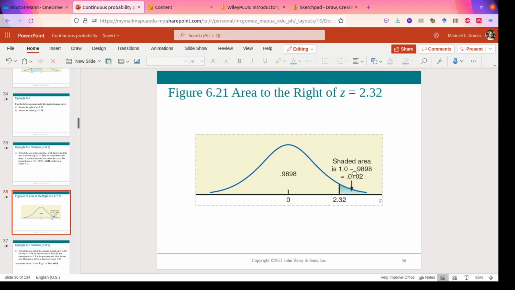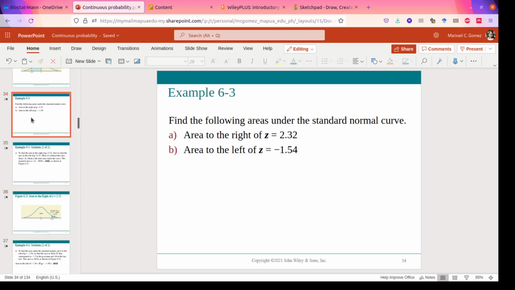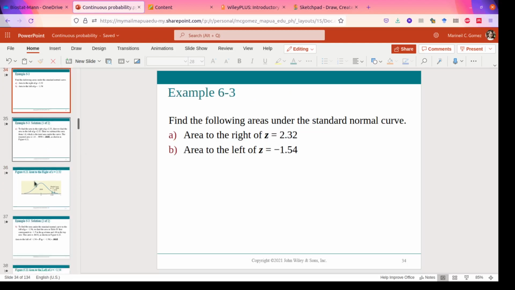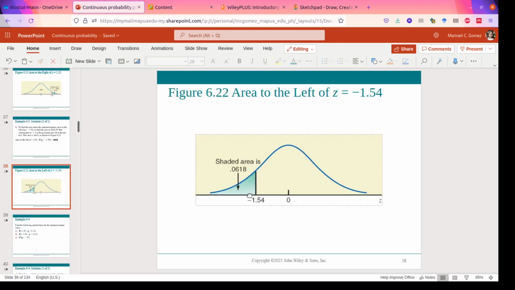So 1 minus 0.989. So that's the value of the shaded region to the right. Now, the next one is the area to the left of negative 1.54. So the area to the left of negative 1.54 we are just going to consult from the table.